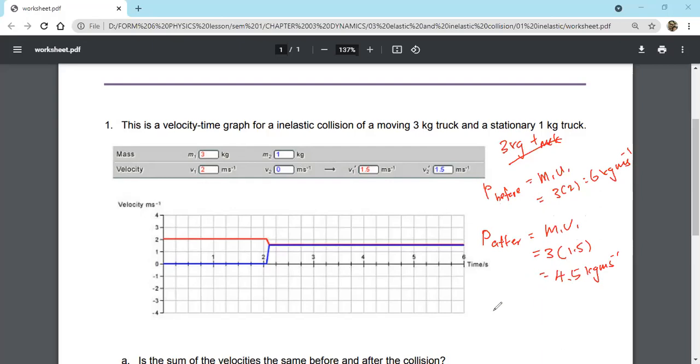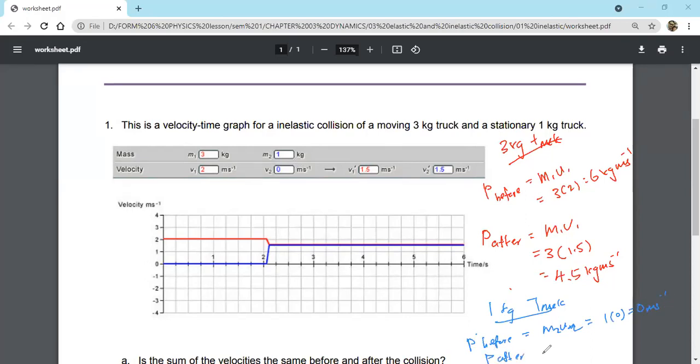And for the 1 kg truck, P before is equal to M2 U2. So that means 1 times 0 equals 0 kg ms negative 1.